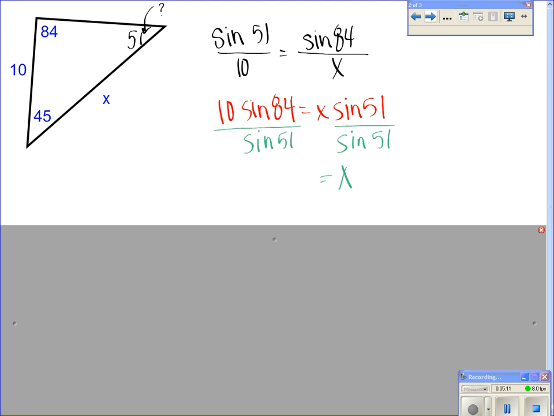Make sure you close your parentheses or you will get it wrong. Anyone not able to get that?